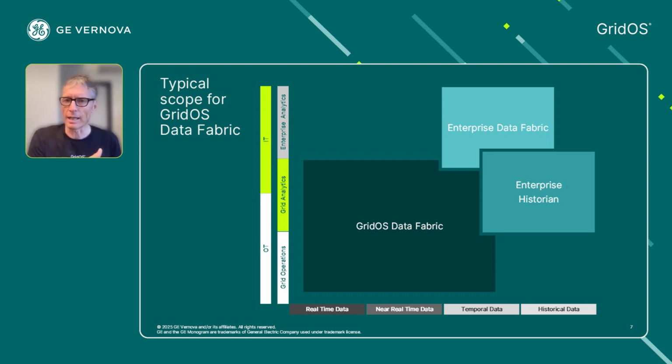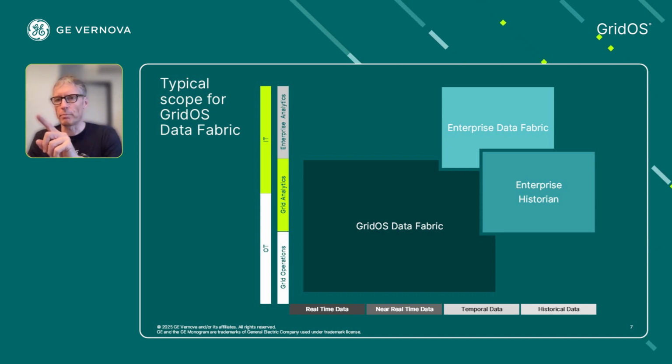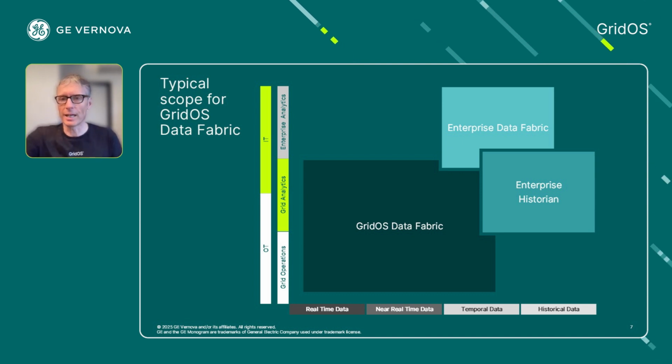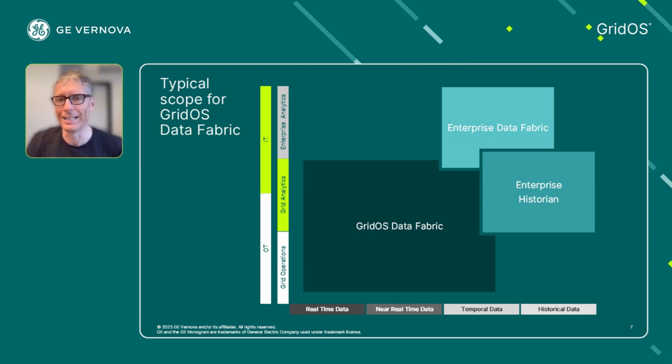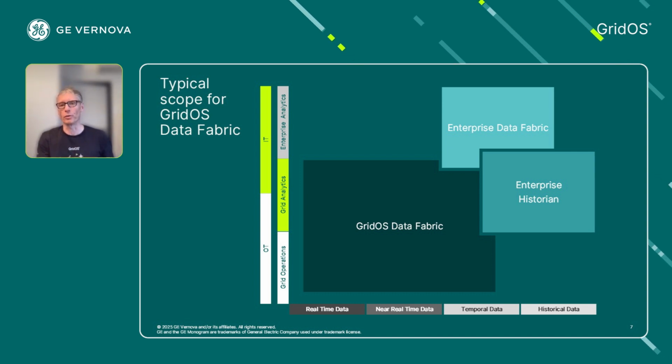The GridOS Data Fabric is built for grid operations, for operational use cases, and the beauty is the GridOS Data Fabric can share the metadata catalog that you spoke about, Paul, with an enterprise data fabric's metadata catalog, so we can even enable a semantic integration between the enterprise world and the operational world, and that is quite powerful, I think.